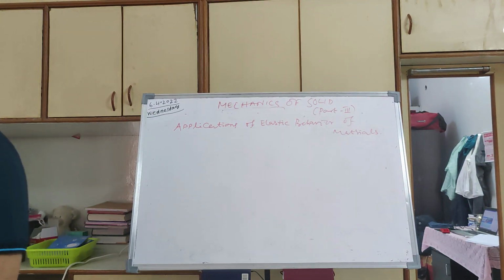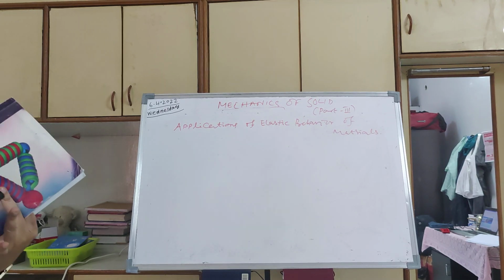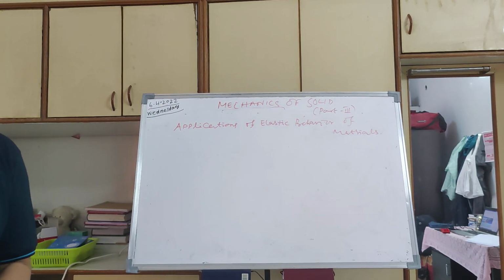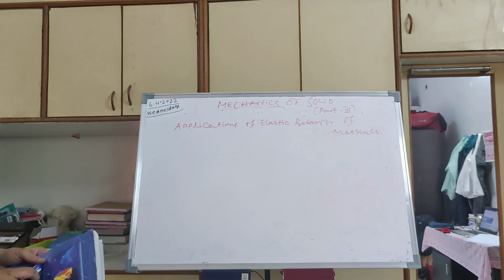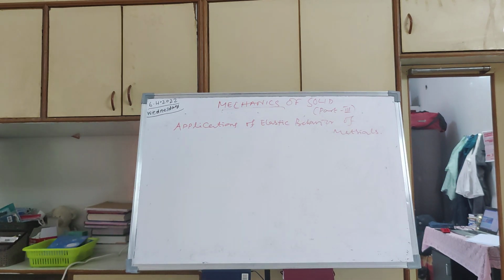For example, while designing a building, the structural design for the columns, beams, and supports requires knowledge of the strength of the materials used. So for example, you have a building. Your building will have columns and it will have beams. The columns are the vertical members and the beams are the horizontal members.